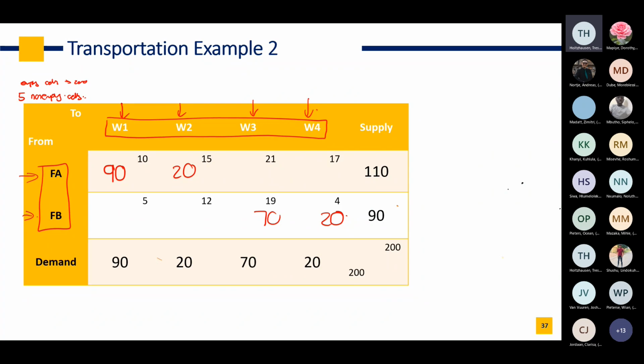So to fix this so that we can actually do the working out, we can basically just bring one of those 0 values into our basic variables, making it a non-empty cell by putting in a 0 in its place. So I'm just going to choose this one over here so that it matches your notes.